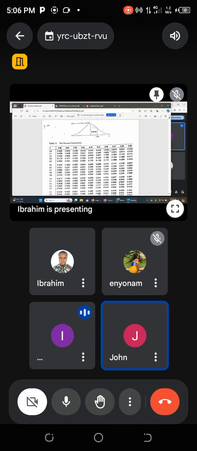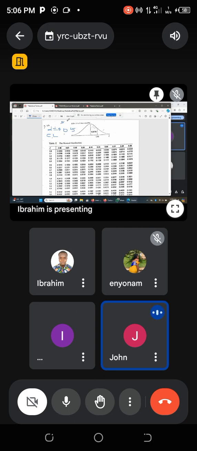So for example, if you are given the level of significance of, let's say, 0.05, then what will be the confidence level? Now this 0.05 is 5%.